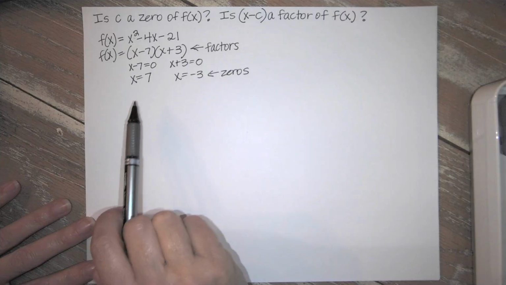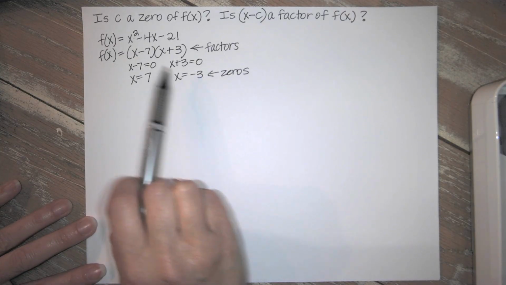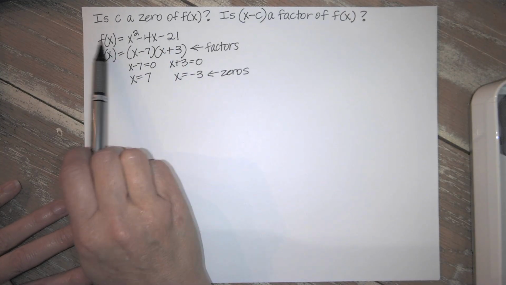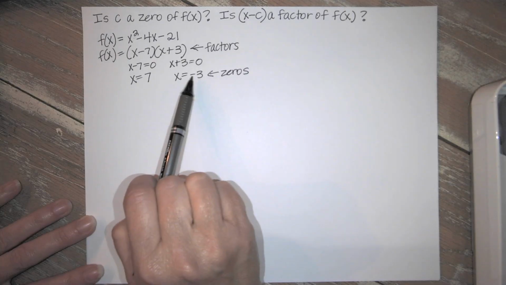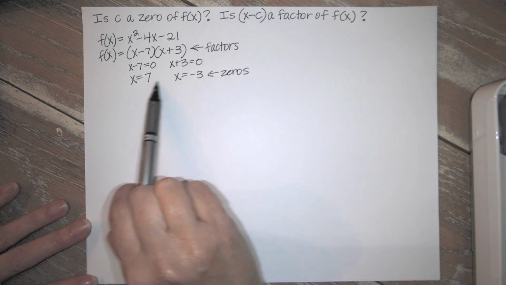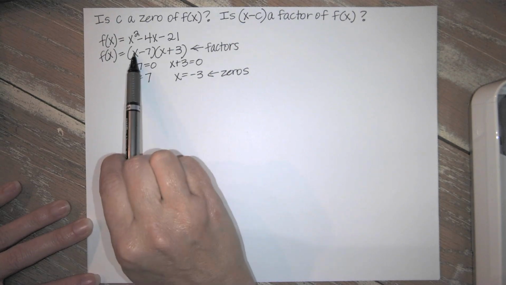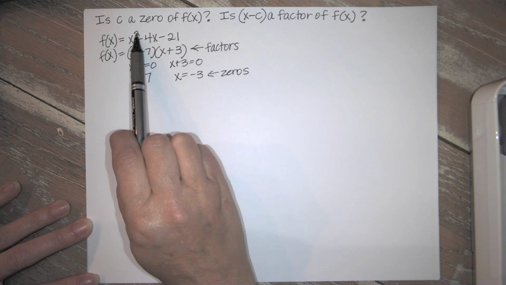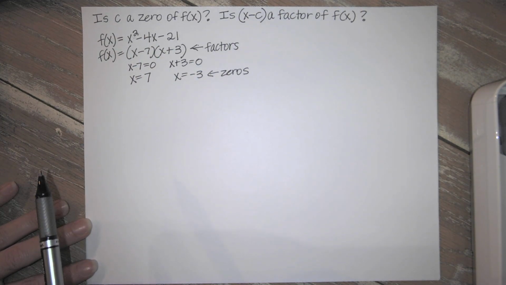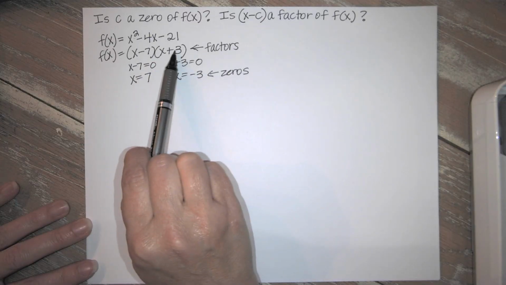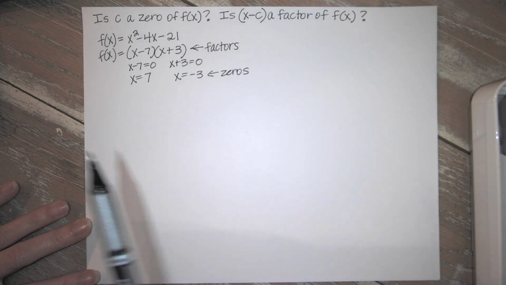Also, if we were to plug these back in up here, they would give us an f of x value of 0. So any zeros, when you plug them in, will give you 0, just like here. If I plug it in here, it gives me 0. If I plugged it in up here for x, it would give me 0. These are called the factors. These are called the zeros.